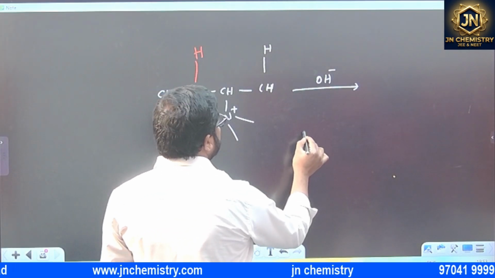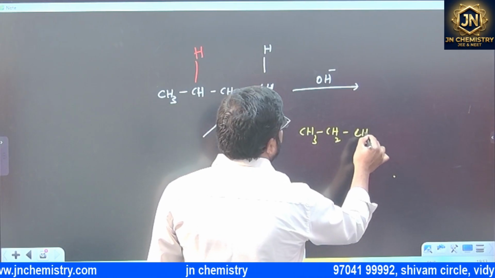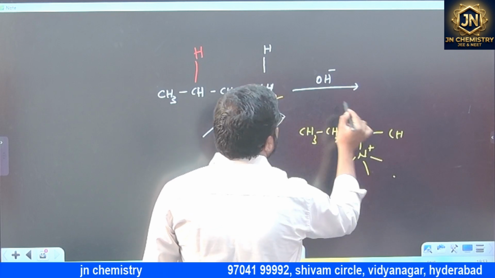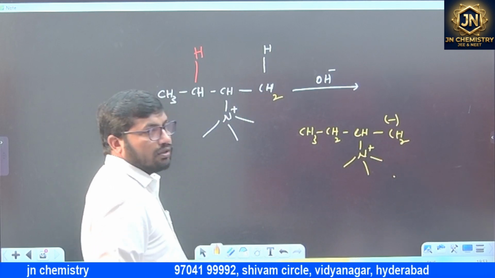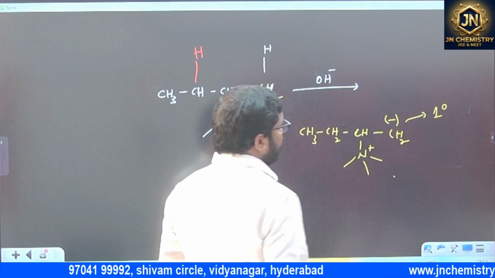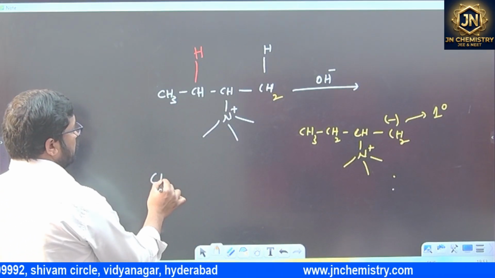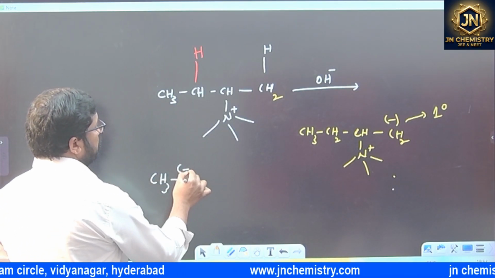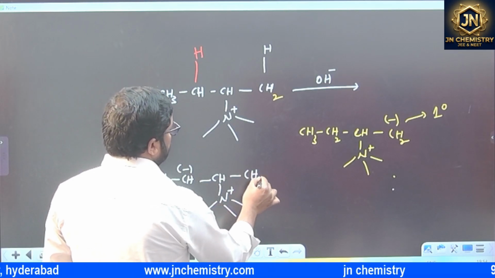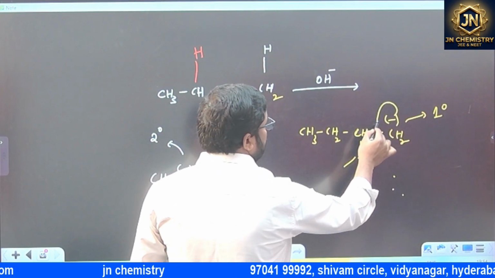First, if it goes like this, CH3, CH2, CH, CH2 with negative charge, which carbanion is this? A 1 degree carbanion. If we take the red hydrogen, CH3, CH with negative charge, CH, CH3, this is which degree? 2 degree. 1 degree is more stable.